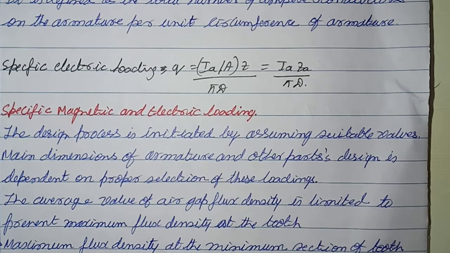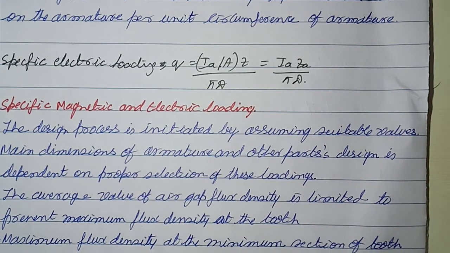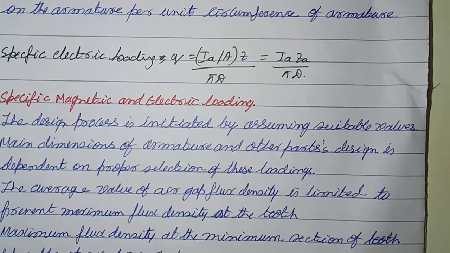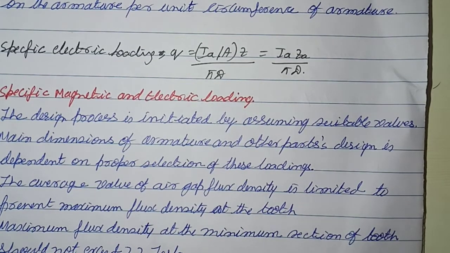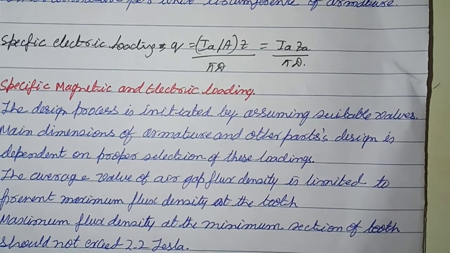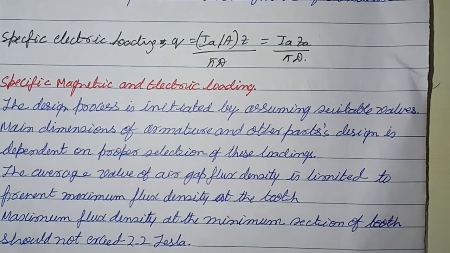We'll also see why there are these limitations of flux density at the tooth. The maximum flux density at the minimum section of the tooth should not exceed 2.2 Tesla.